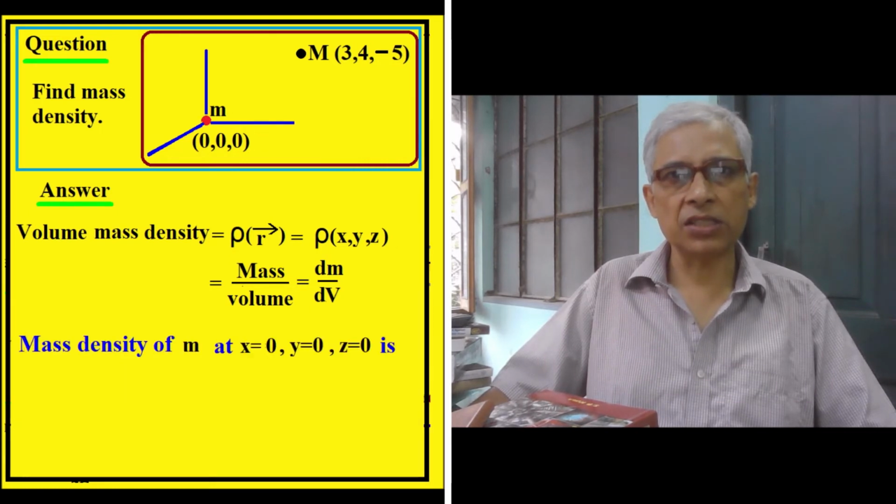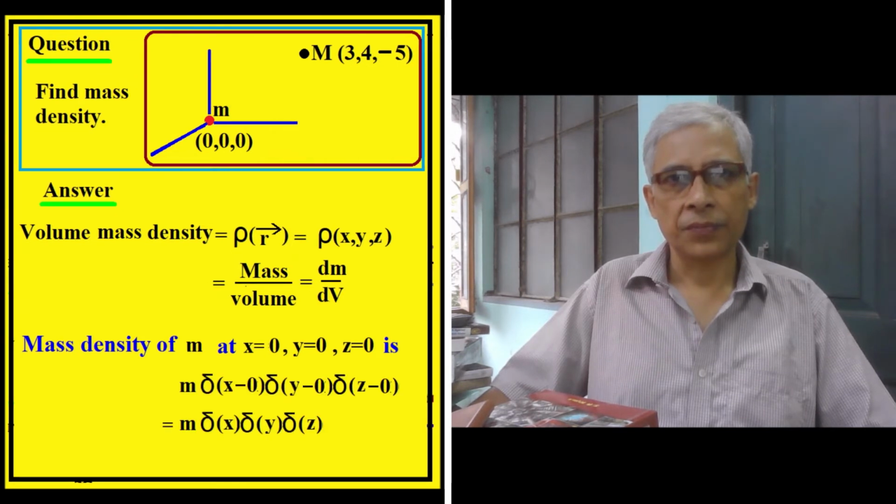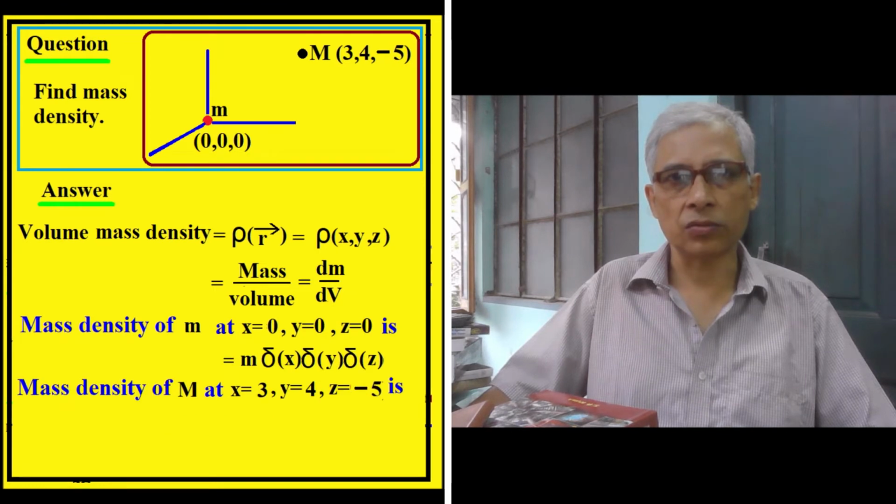The mass density of small m at the origin, defined as x equal to 0, y equal to 0, z equal to 0, can now be written, and it would involve the product of three Dirac delta functions. It is small m into Dirac delta of x minus 0 multiplied by a second Dirac delta of y minus 0 multiplied by a third Dirac delta of z minus 0.